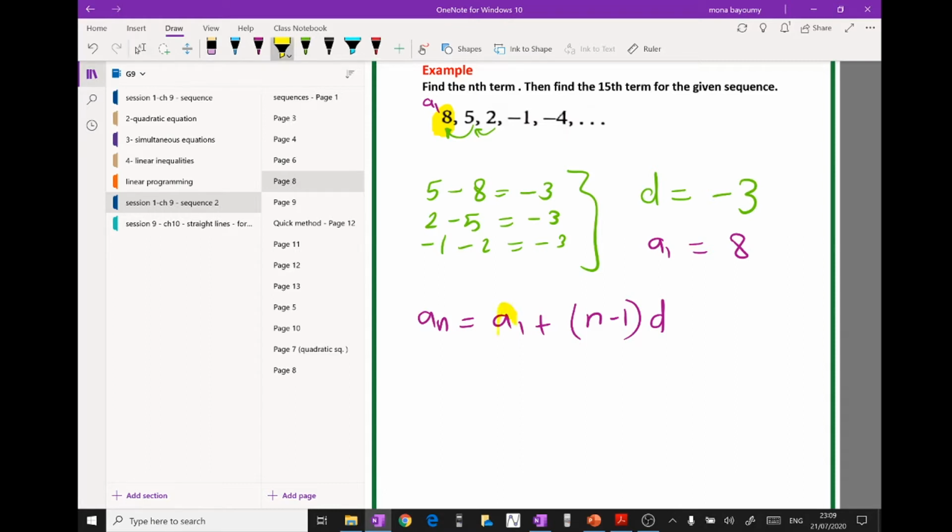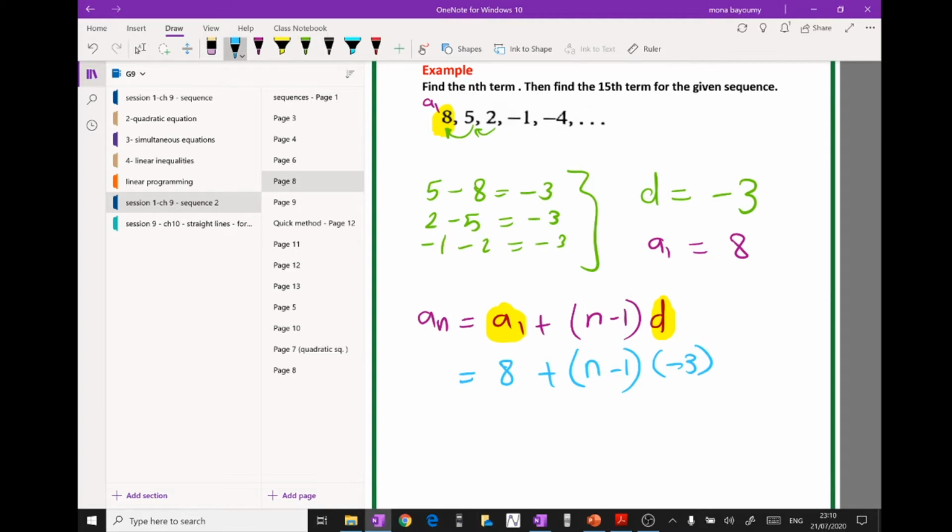I will substitute a1 and d by the given numbers. an equals 8 plus n minus 1 times d, and d is equal to negative 3.